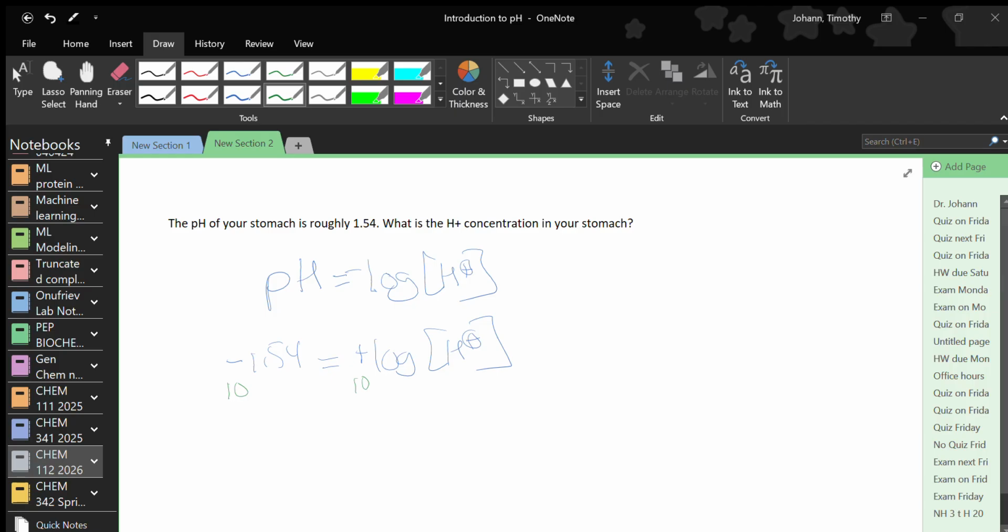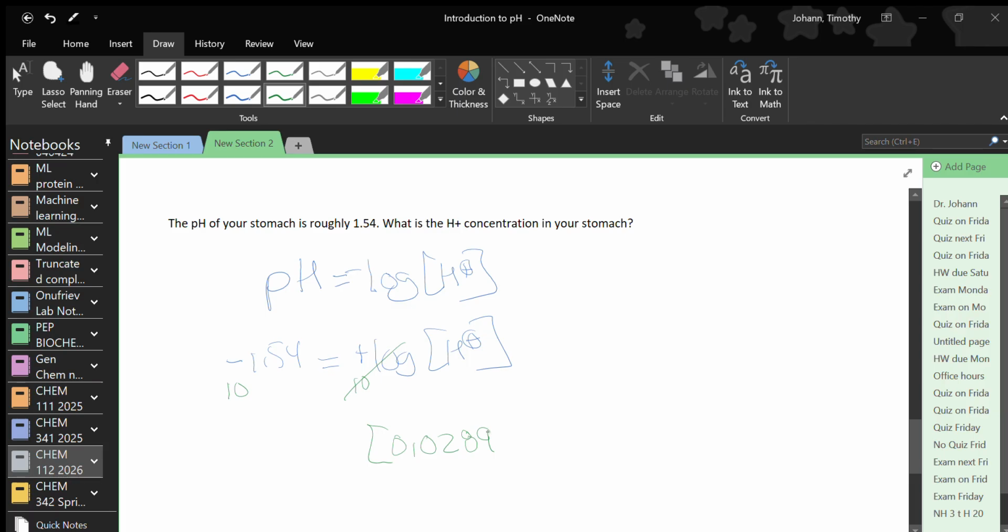Okay, so on the left there, here's practice of using that key. I'm going to go ahead and on my calculator, I put in 1.54. I make it negative. Some of your calculators you do negative first, and then I find my 10 to the x key. So on mine it says shift and then log. And what I get from that is that this goes away, and that gives me 0.0288.